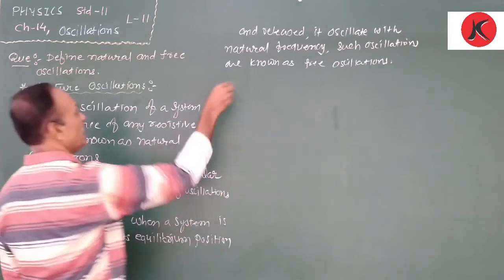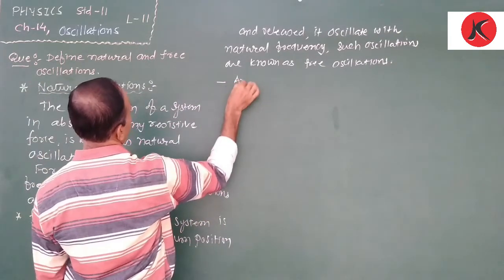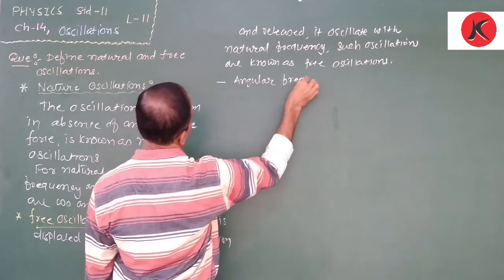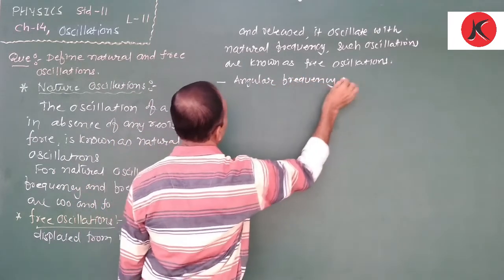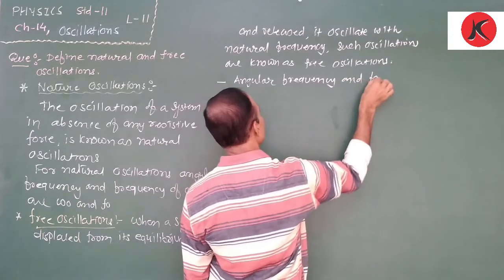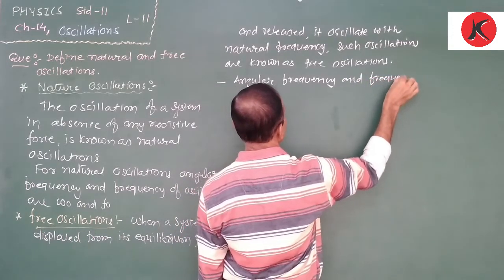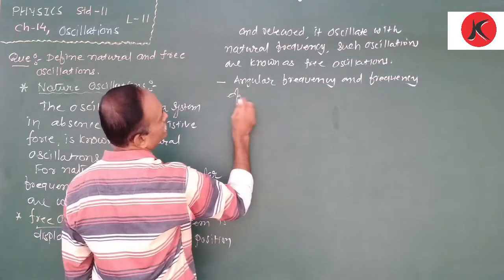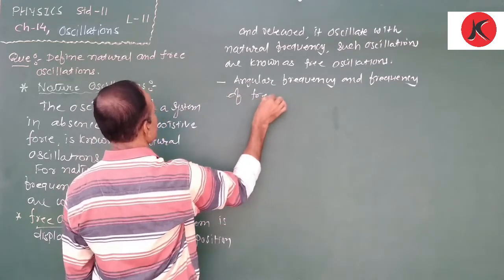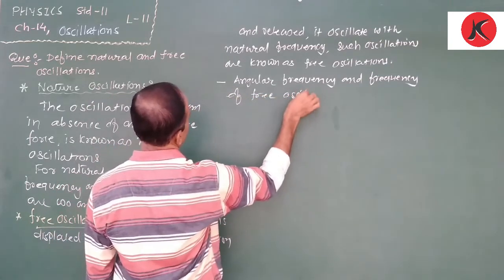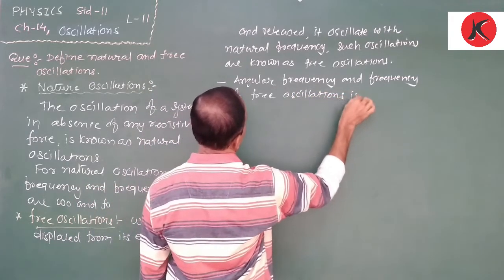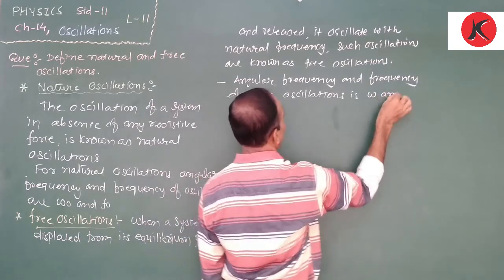The angular frequency and frequency of free oscillations are omega and f.